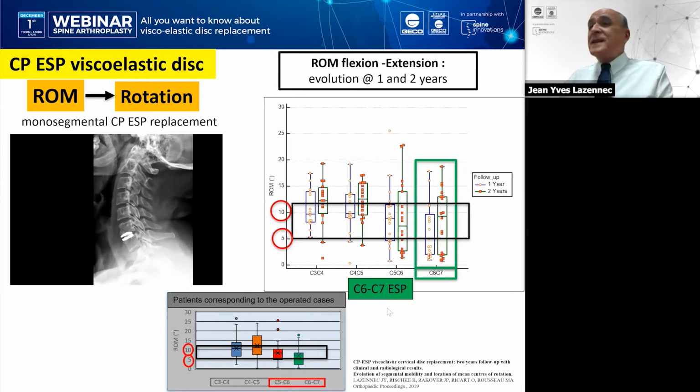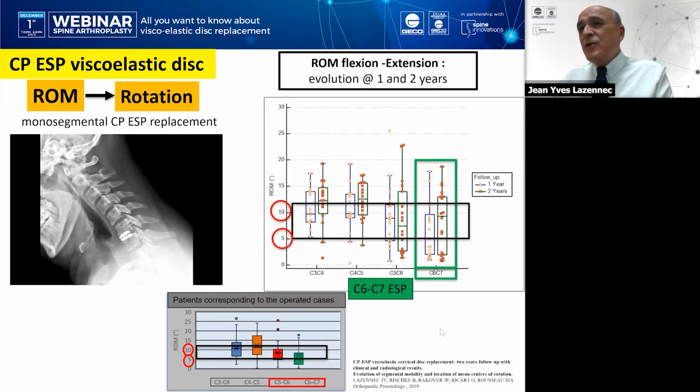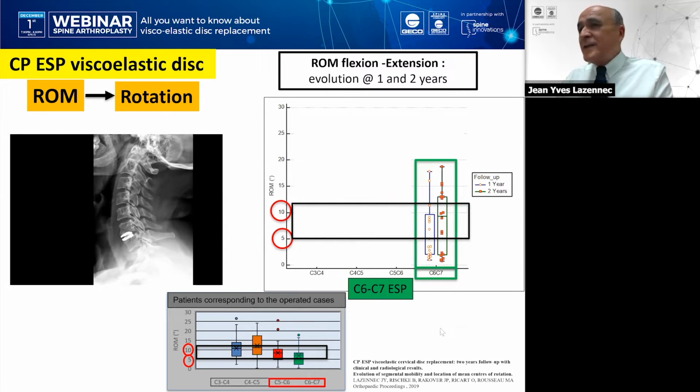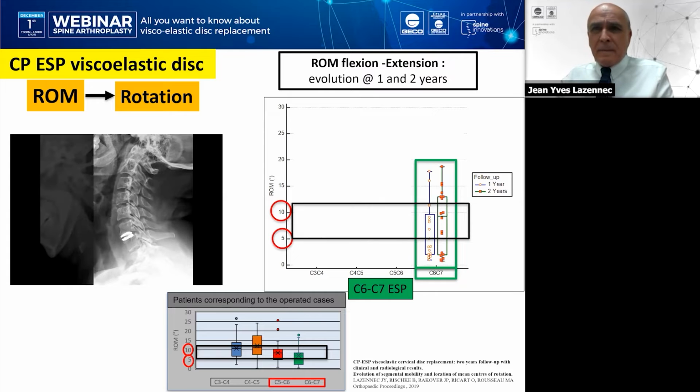Same thing for C6, C7. You see all of the levels in our implanted cases and the range 12 to 5 degrees. And you see, I suppressed the busy part of the slide, we are again in the range, a little bit more mobile than what is expected for this population.